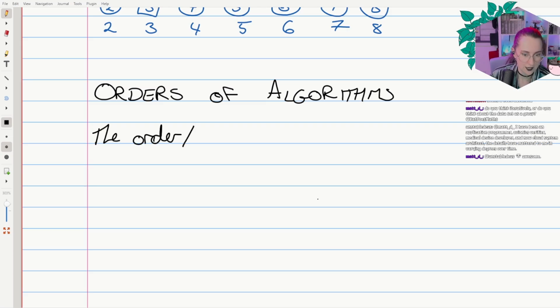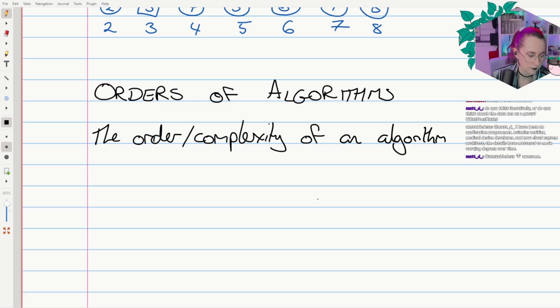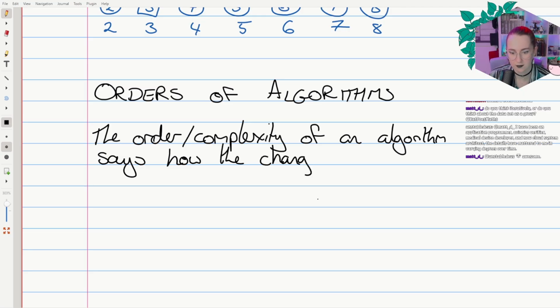the order / complexity of an algorithm says how the change in size of the problem.